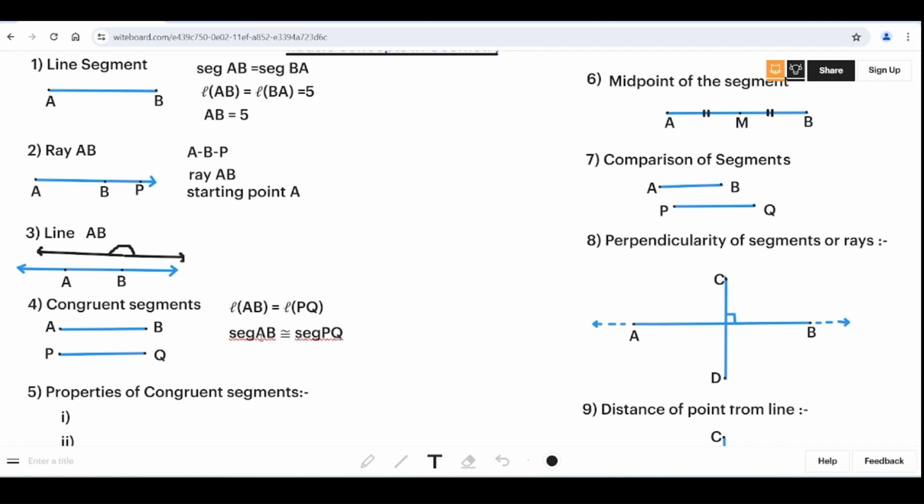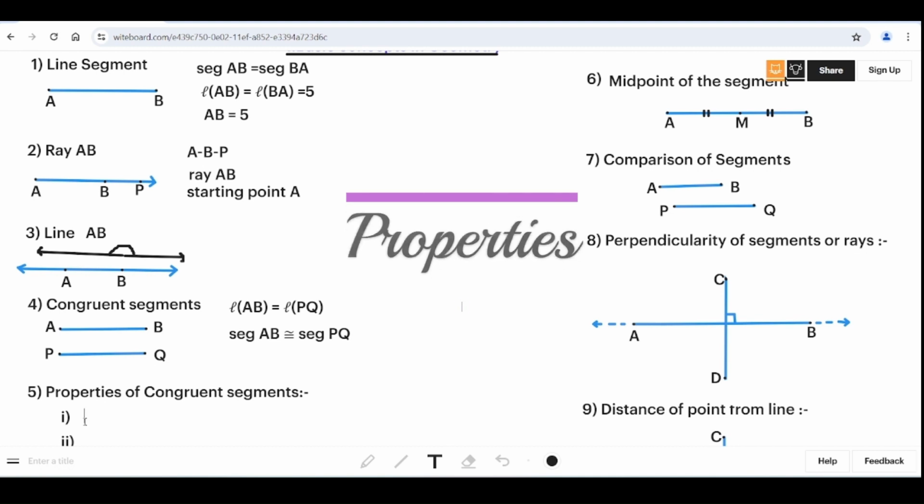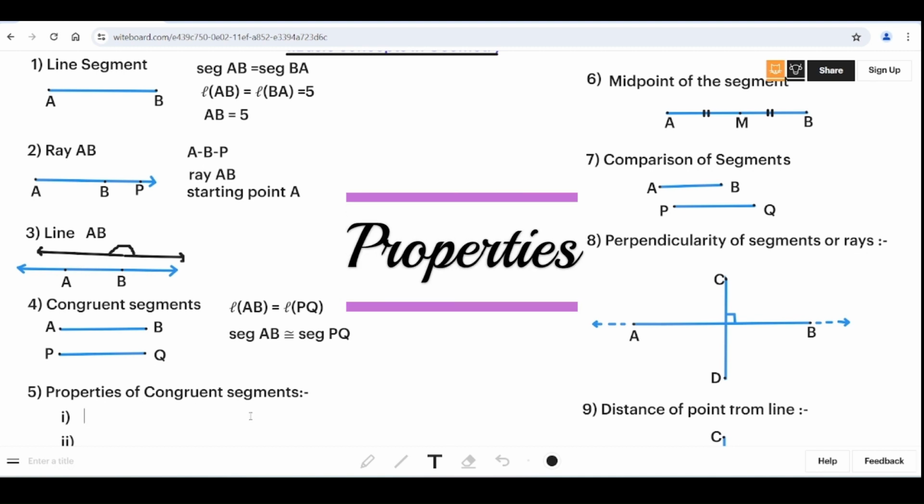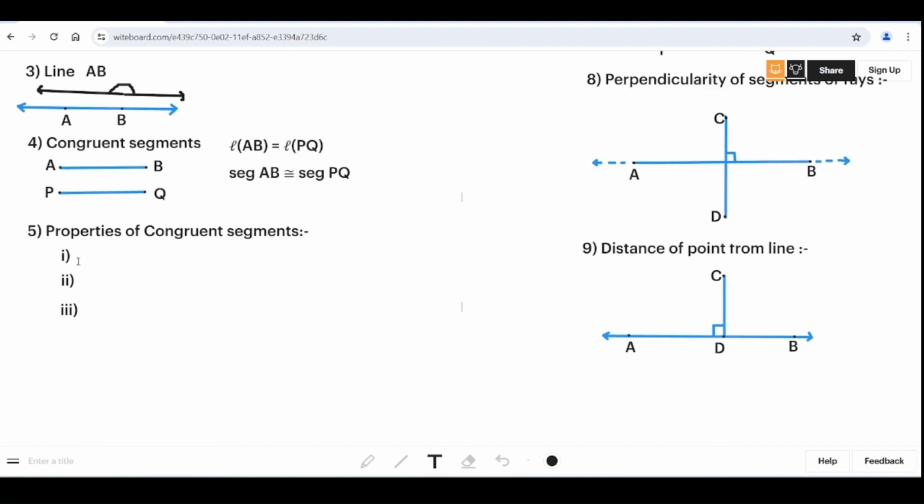It means their lengths are equal. Then they are called congruent segments. Got it? Now, in this congruence, we have some properties. The first property is reflexivity.